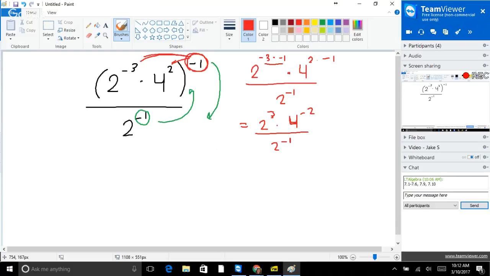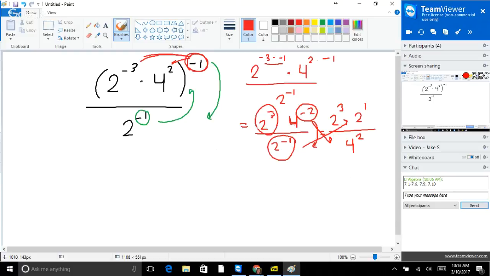Okay, so now I have some work to do. Again, there's even more ways than this. Now I am going to say, since this is 4 to the -2, I'm going to rewrite this as, right next to here, 2 to the 3rd, that stays the same. 4 to the -2 is going to become 4 to the +2 in the denominator, and 2 to the -1 is going to become 2 to the +1.